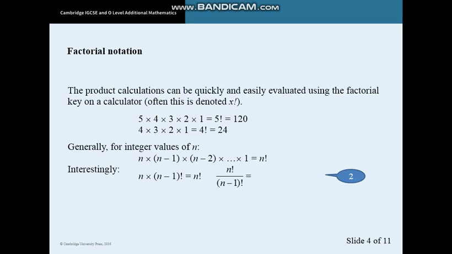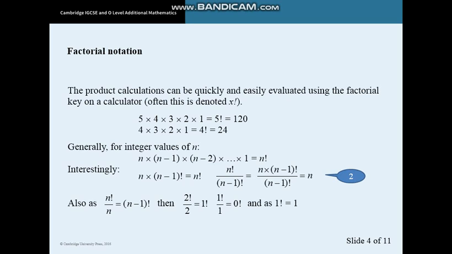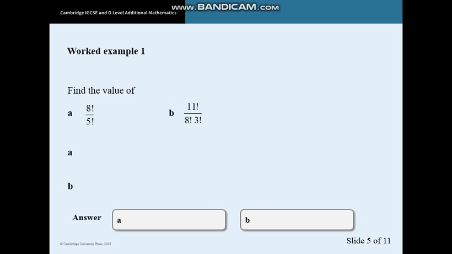So n factorial divided by (n minus 1) factorial equals n. Also, n factorial divided by n equals (n minus 1) factorial. So 2 factorial divided by 2 is 1 factorial. It's easy, right?